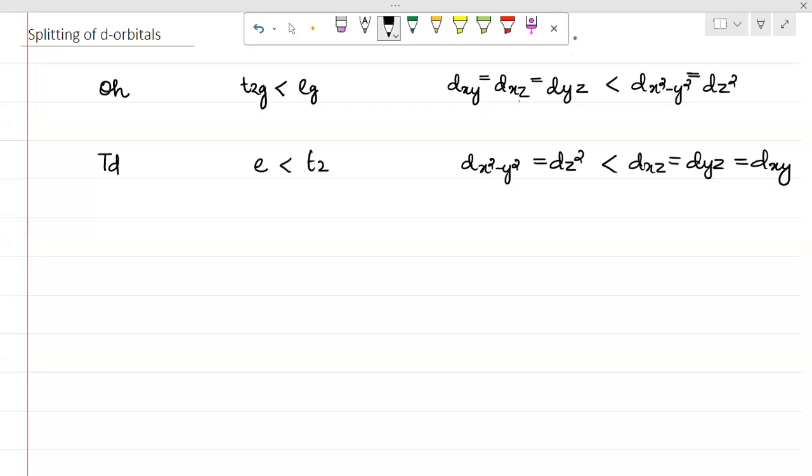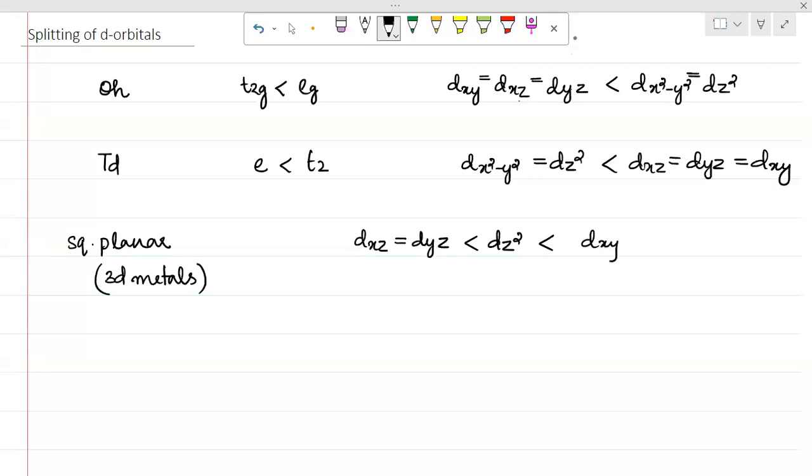Also, we have learned about the square planar geometry, and we learned two cases. One is when you have 3d metals. In that case the order is dxz equal to dyz, then dz squared, then dxy, and at the top dx squared minus y squared.